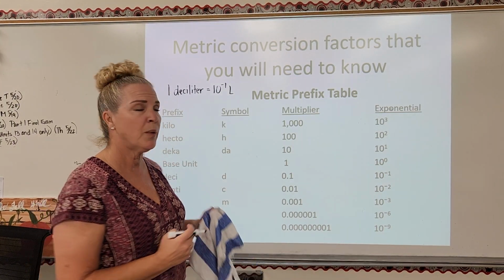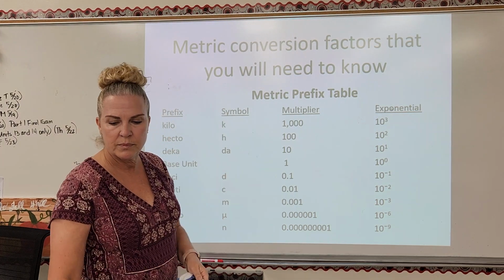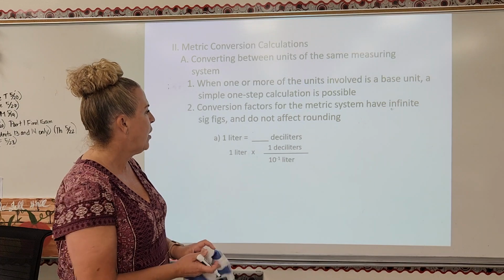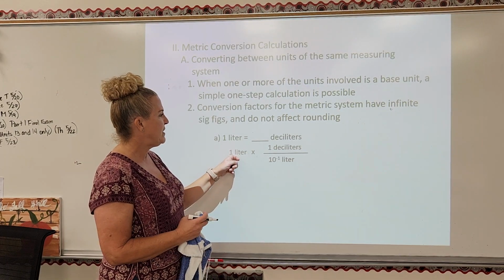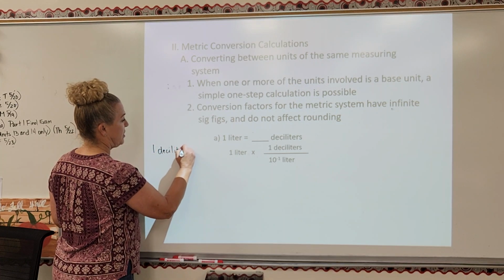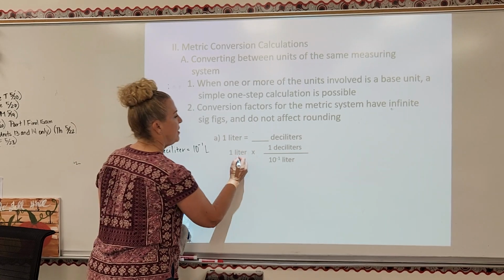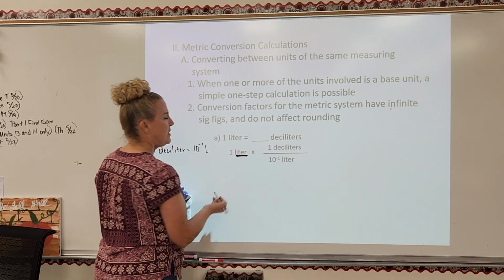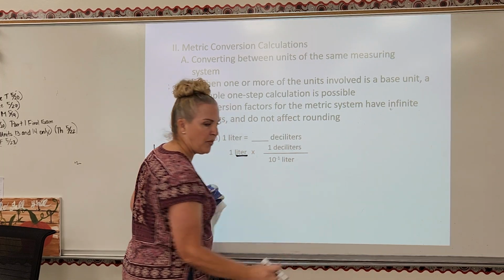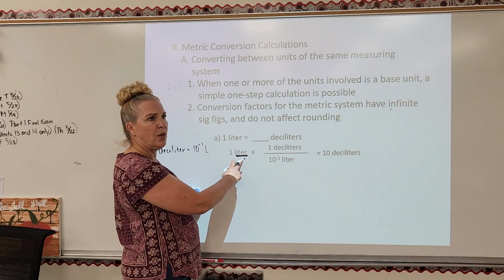So let's take a look at the problem that we just solved. Can we see here that we said a deciliter, we looked at our reference sheet, is equal to 10 to the minus 1 liters. So we let the units tell us what to do. If I have a liter here and I want this to finish in deciliters, then liter has to cancel.